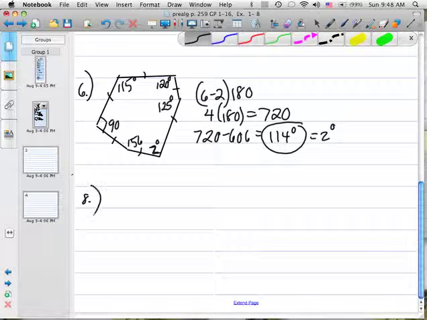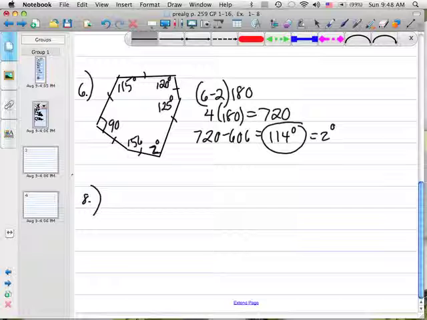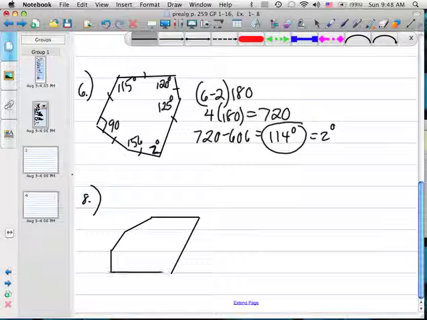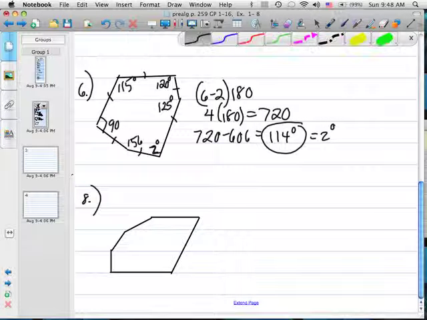And the last problem, number 8. This is what our shape looks like, kind of. And we're told that this is a right angle.